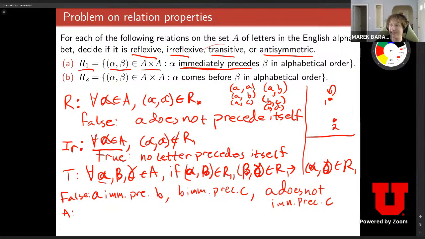And then finally, we have antisymmetric. Does anyone want to remind me of the definition of this?